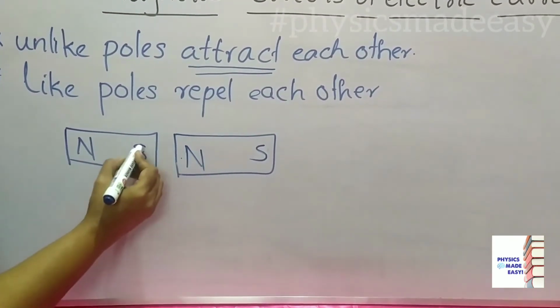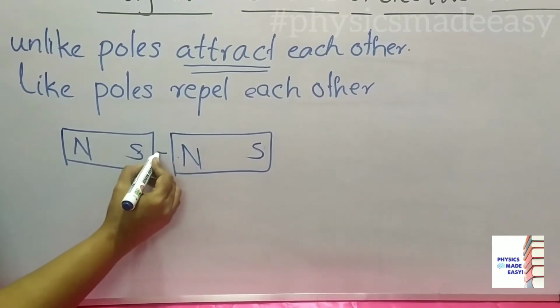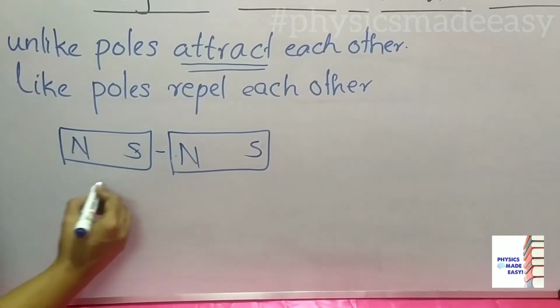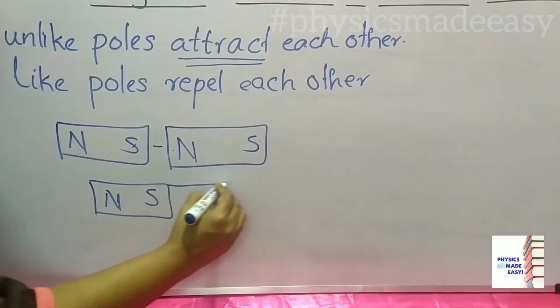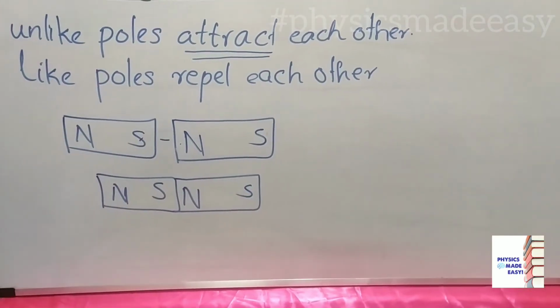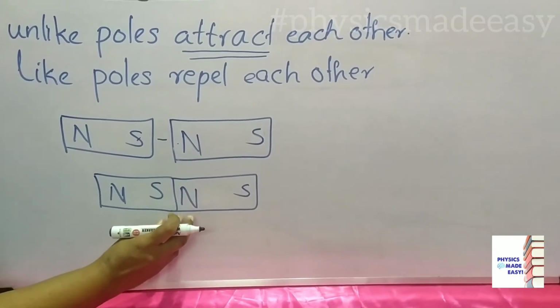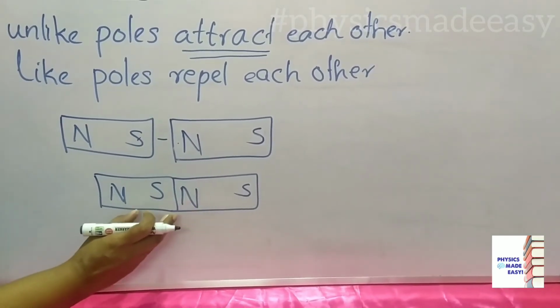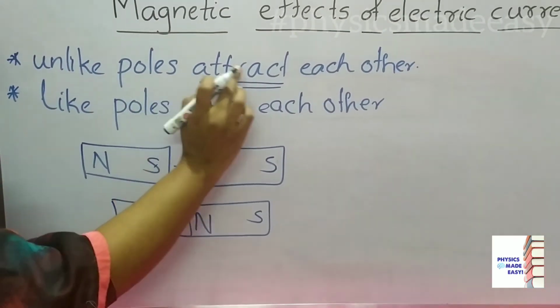Unlike poles, here the south pole and here the north pole, these two will attract together. Then you can see these magnets like this. What is happening here? Due to the force of attraction, now you can see both are in contact. Why? Unlike poles attract each other.